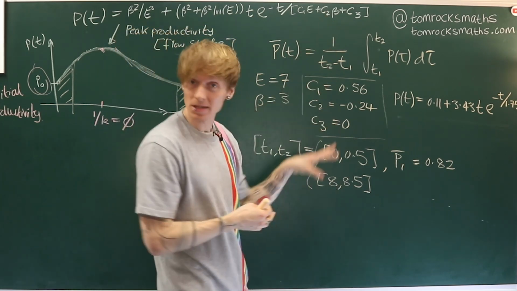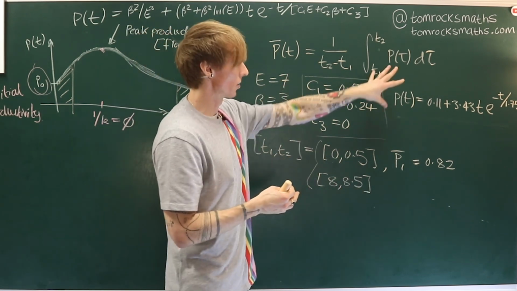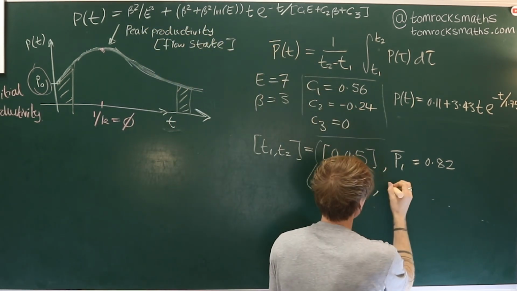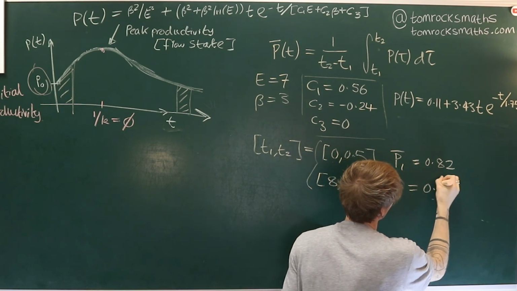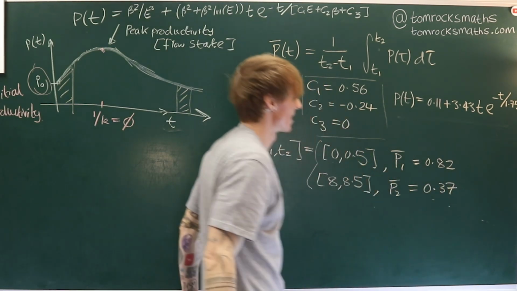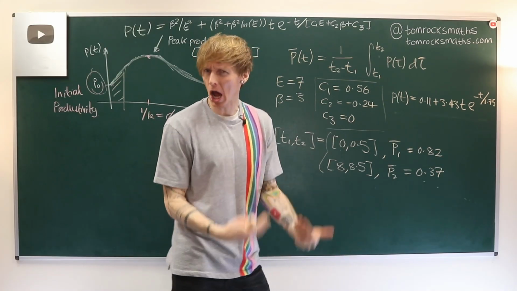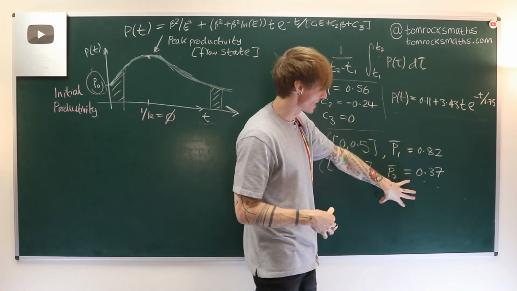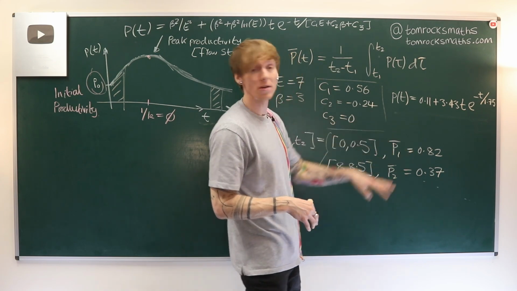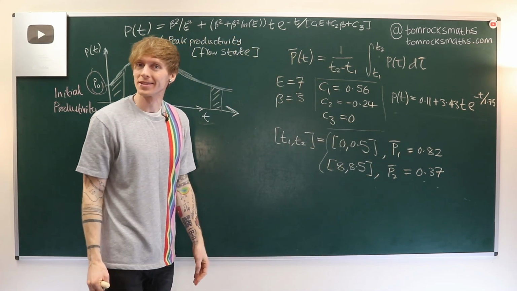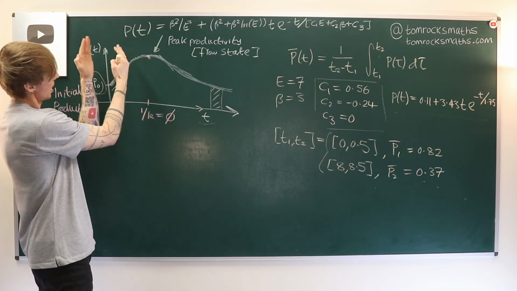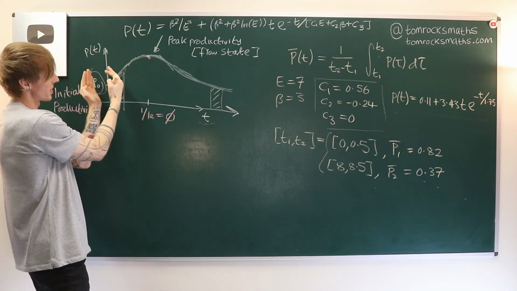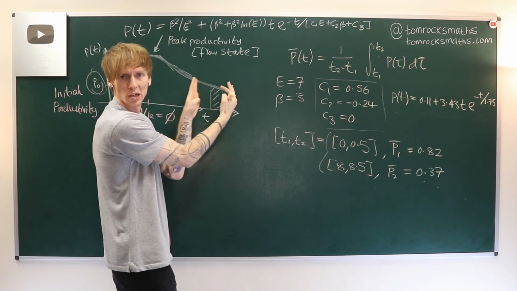Well, based on the model, substituting in all those values, we get that P2 bar is actually much lower. It's 0.37. So we are less than half as productive 8 hours into the task than we were in those first 30 minutes. Now, if you go back to the picture, I've taken the first 30 minutes and somewhere quite far down the curve.